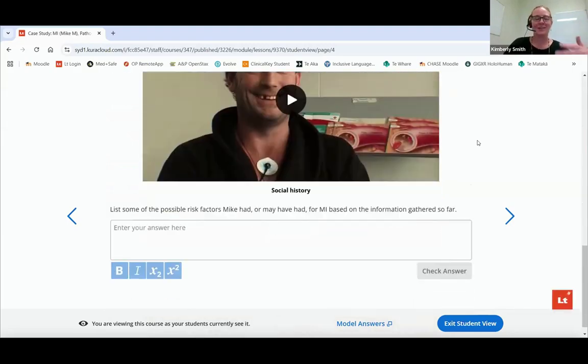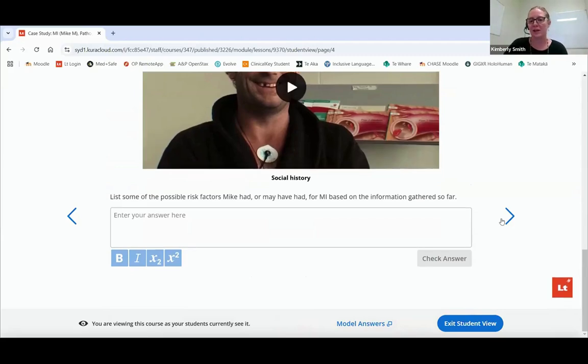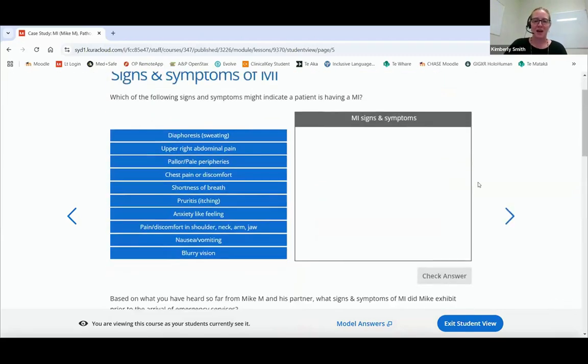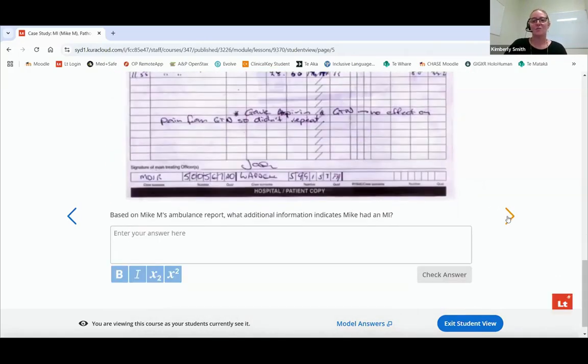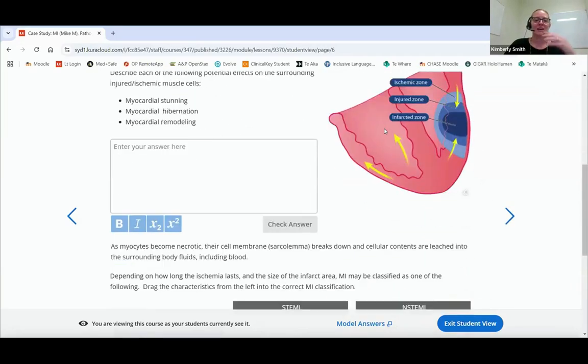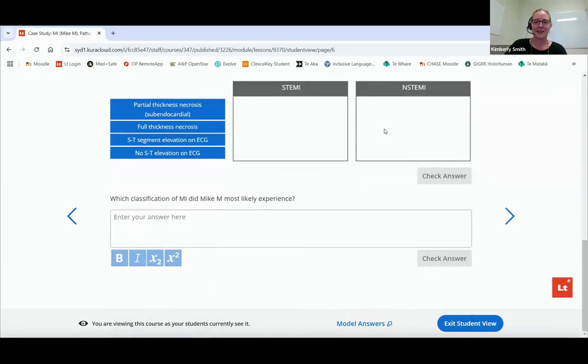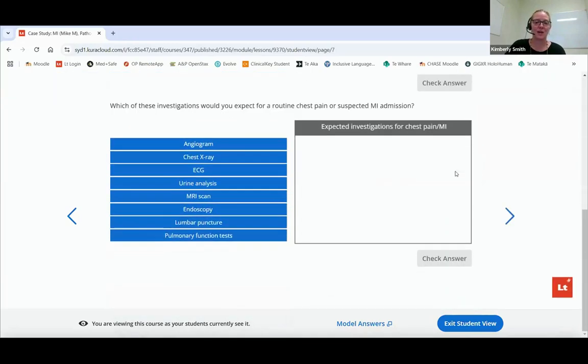What are you picking up that are risk factors, signs and symptoms, and pathophysiology and so on? So we've got patient information and data from reports, and then I can ask the students questions, and throw things in and link it all back to Mike's experiences as well.